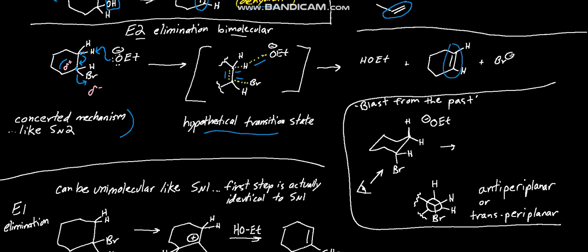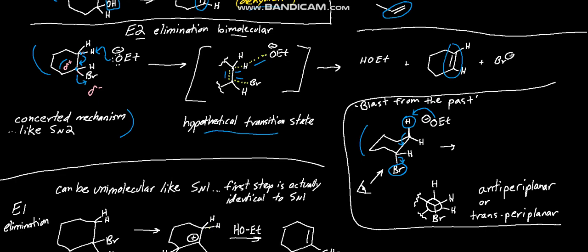Some old knowledge, hopefully not forgotten. If I draw the starting material of this reaction as a chair conformation, we see that the bromine and the hydrogen are both axial. This could flip, of course, to where they're both equatorial, but the elimination reaction hinges on this orientation, and I'll draw the arrows again this way.